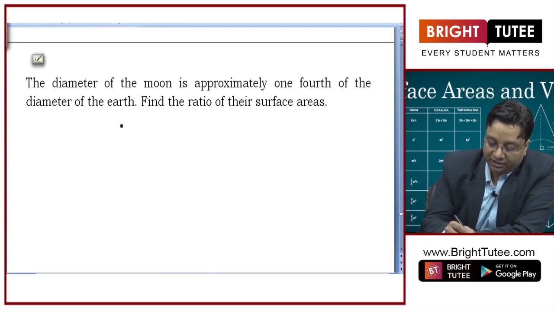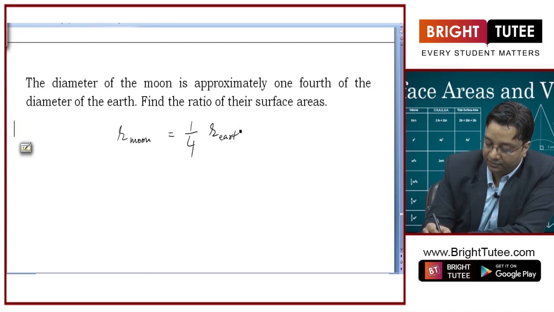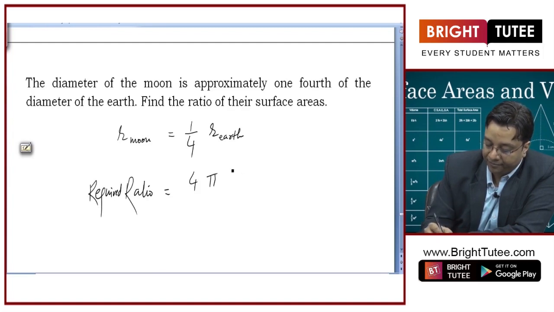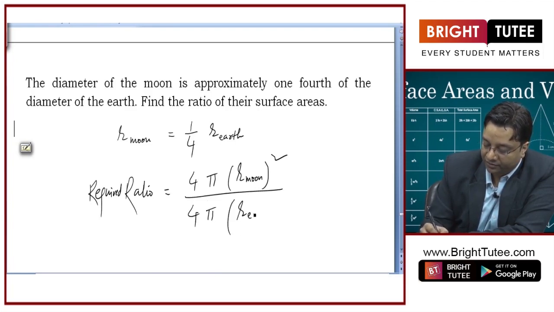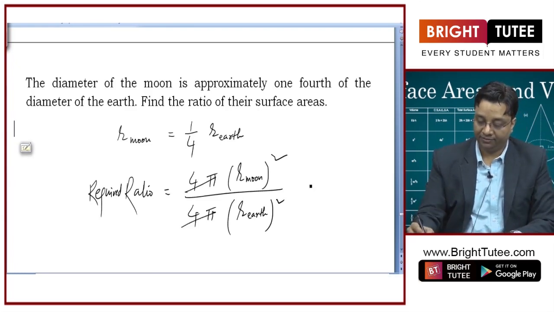In this question also we can discuss it, that radius of moon is equal to 1/4 of radius of earth, right. So ratio of their surface areas, so the required ratio is equal to 4 pi radius of moon squared divided by 4 pi radius of earth squared. 4 pi can anyway be cancelled.